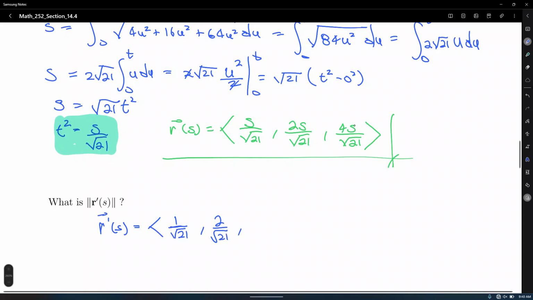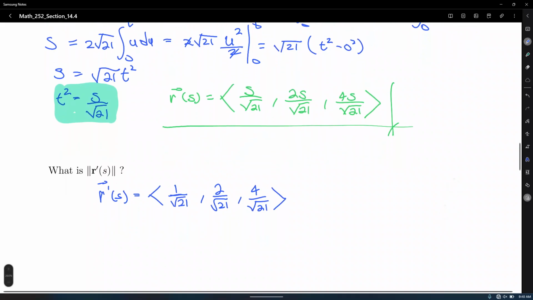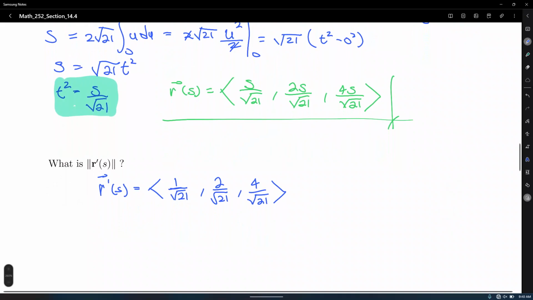And lastly, the derivative of s times 4 over root of 21, that's just the coefficient 4 over the square root of 21. Okay, now they're asking us to find the magnitude of this vector.